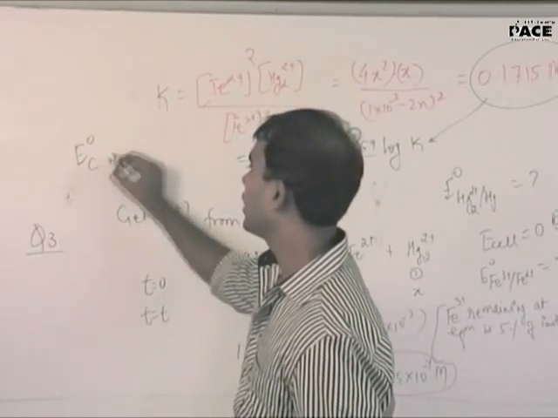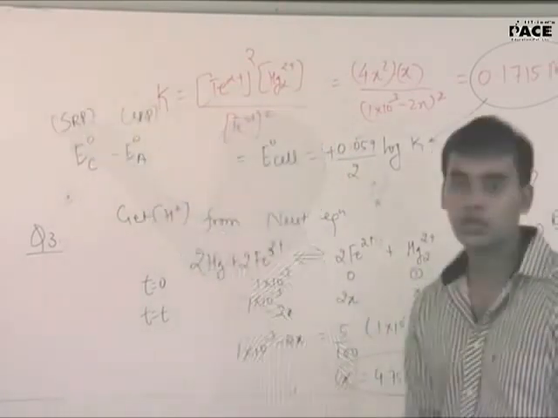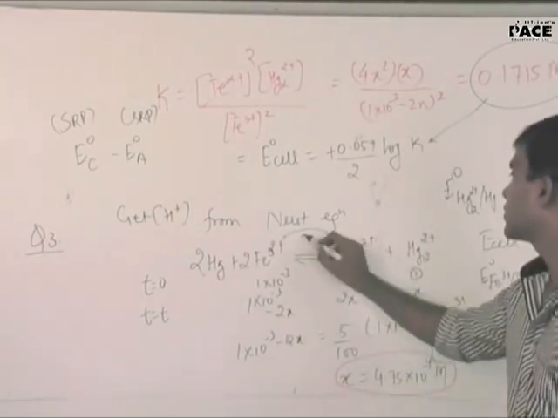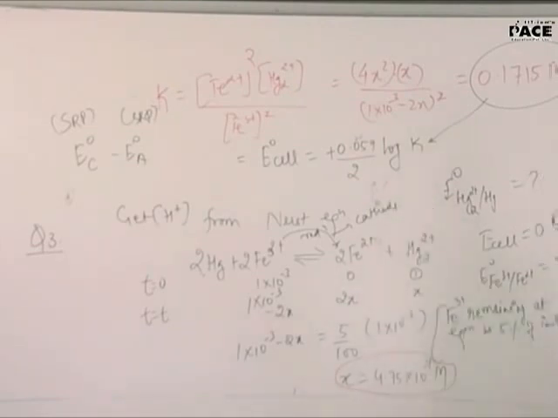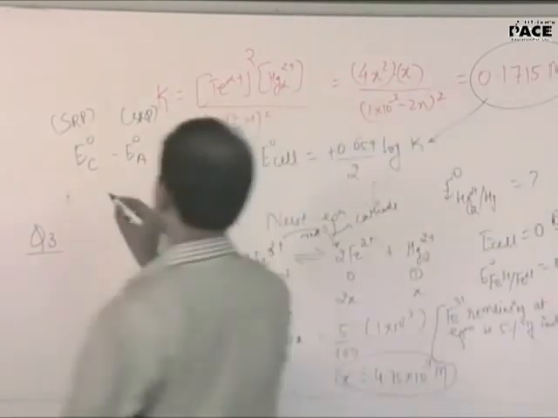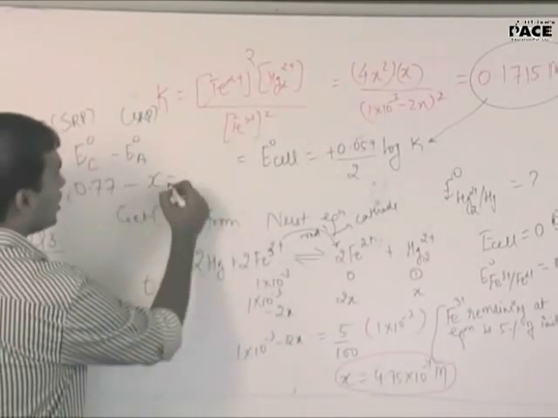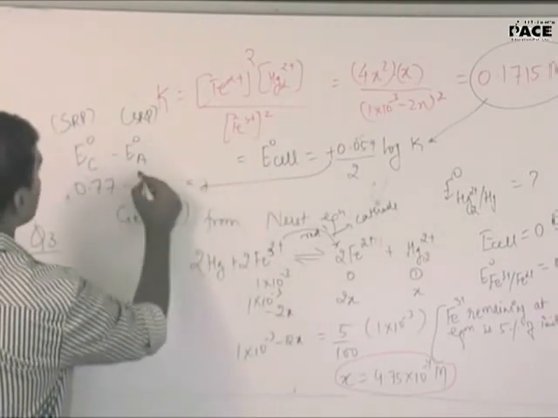E naught cathode minus E naught anode if I am taking SRP. What is the cathode in this case? This is reduction, so this is cathode. And this is nothing but 0.77 minus x, which has been asked to me, equal to this value minus E naught.